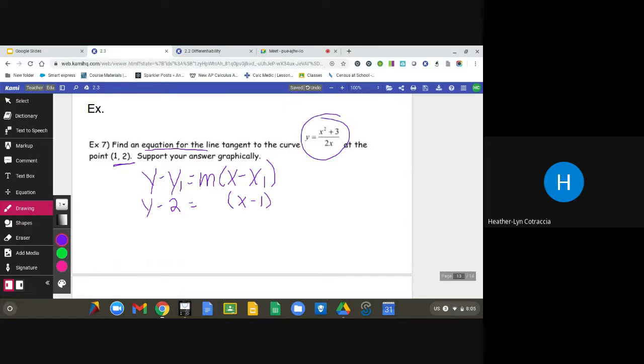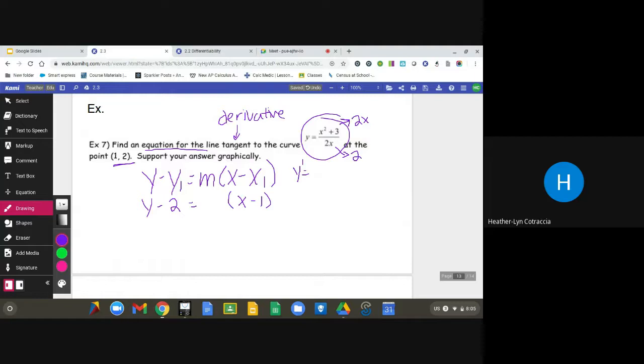Now, this over here says find the equation for the line tangent to the curve at that point. Okay, so tangent means derivative. If you see that word tangent, you need to think derivative. So we need to find the derivative of this and then plug 1 in. Okay, so in order to find y prime, that is a quotient. I see the fraction. So I'm going to have to use the low d high. I'm going to find my derivatives first, just so I don't have to do it while I'm differentiating.